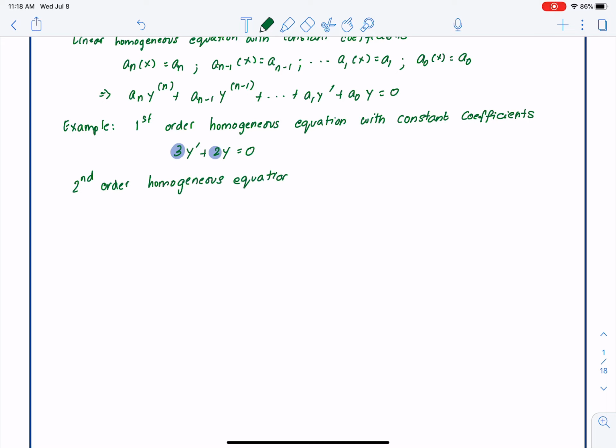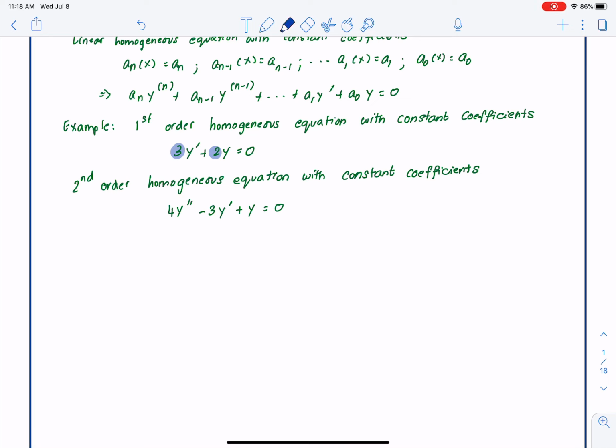Now we look at a second order homogeneous equation with constant coefficients. And a good example would be 4y'' minus 3y' plus y equals 0.